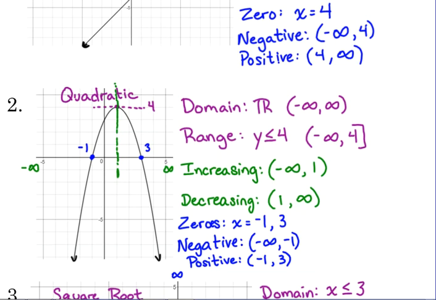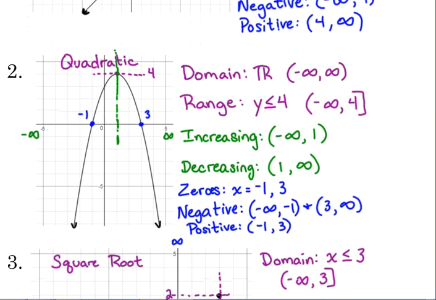We have positive y values, and then we go back to negative from 3 to positive infinity. Again, be careful with this. Yes, the function is negative. It is going down to negative infinity, but we're using the x values here just like we did with our increasing and decreasing intervals. Again, the key is where. Where is always x.